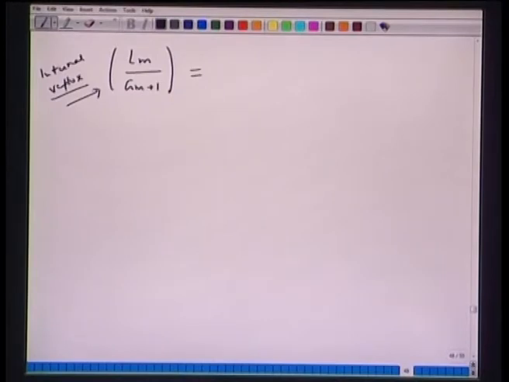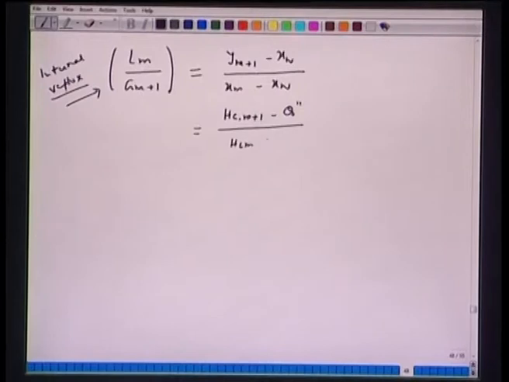So, the ratio of this is the internal reflux, similar to Ln over Gn plus 1 we had earlier. This will be equal to (ym plus 1 minus xW) over (xm minus xW). And similarly, from your energy balance or enthalpy balance, we can write (HGm plus 1 minus Q double prime) over (HLm minus Q double prime). We can also eliminate Gm plus 1 from the total molar flow rates to make it Lm over W.